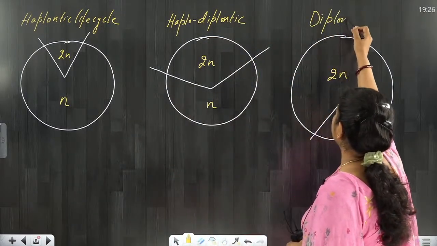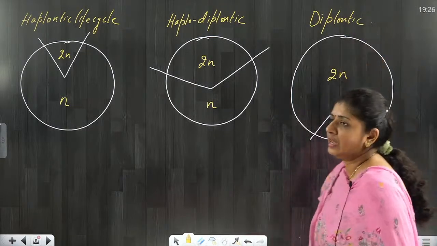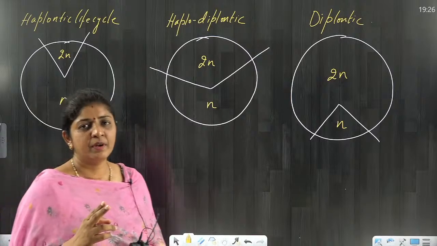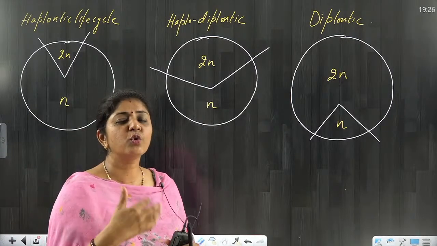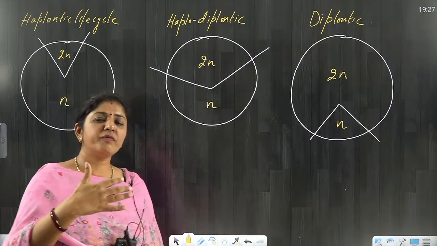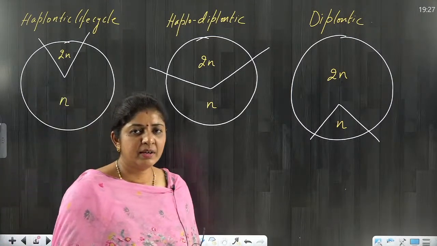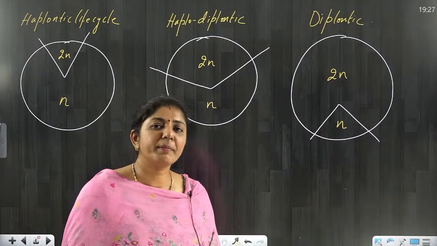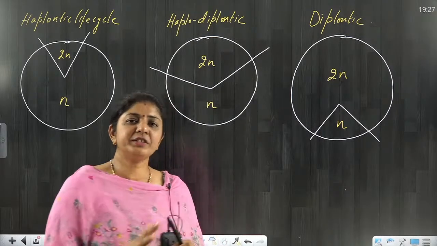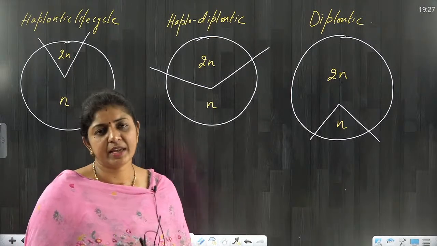Diplontic life cycle. Now these life cycles depend upon 2 things. One, just now I said you who depends upon who, right? If the sporophyte depends upon gametophyte, can I say gametophyte is a dominant phase in the life cycle? So one feature is that which will decide the life cycle.